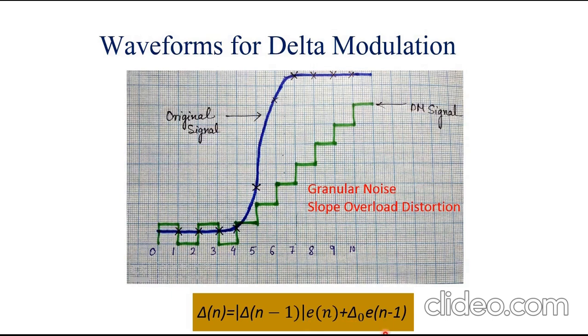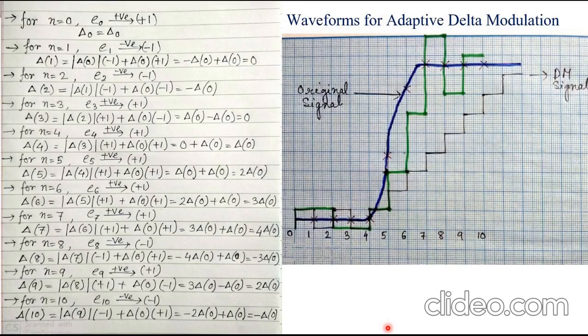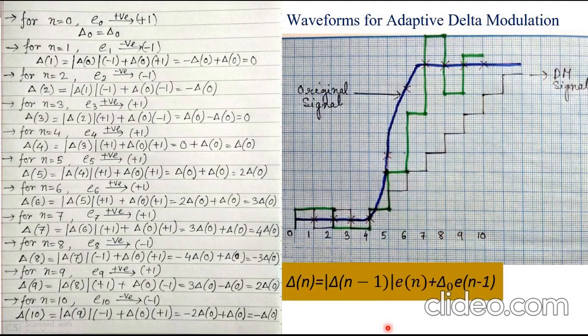Here En is the current error and En minus 1 is the previous error. Okay. Now see, I will explain how to calculate the step size step by step. So let's see. We will initially do this calculation at n equal to 0.